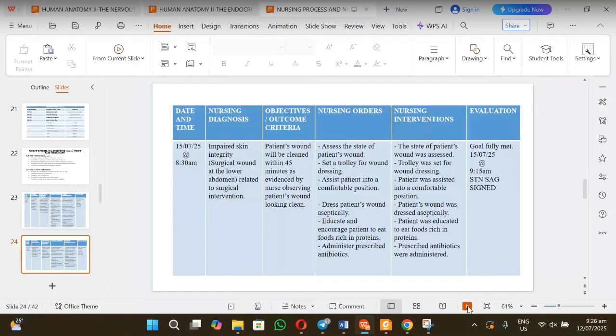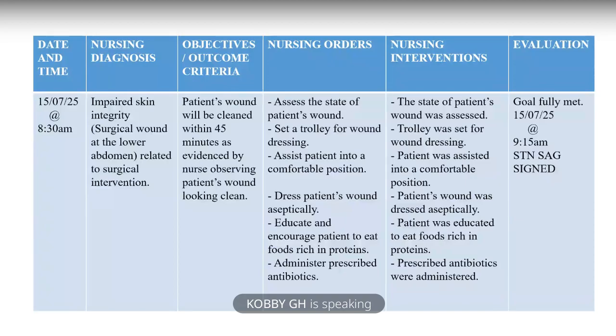Impaired skin integrity into brackets, surgical wound at the lower abdomen, surgical wound on the right hand, surgical wound on the left leg, surgical wound on the right thigh. Remember, if you don't open a bracket and tell us where the wound is, it's wrong. They can't even give you half.